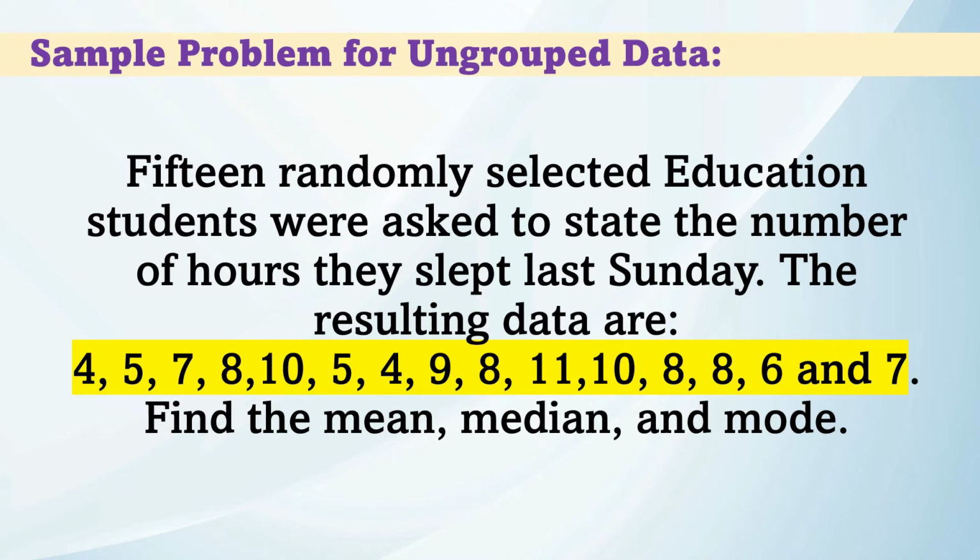So let's have an example. 15 randomly selected education students were asked to state the number of hours they slept last Sunday. The resulting data are 4, 5, 7, 8, 10, 5, 4, 9, 8, 11, 10, 8, 8, 6, and 7. So you are going to find the mean, the median, and of course the mode.